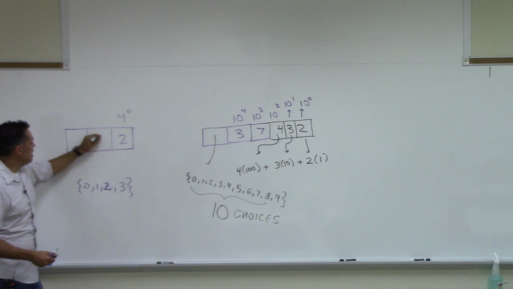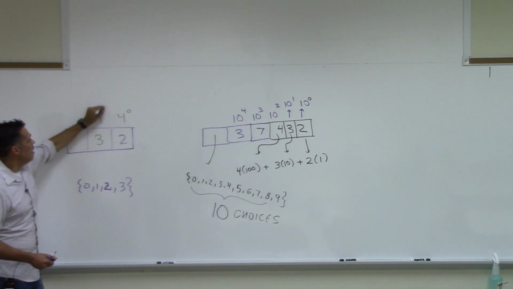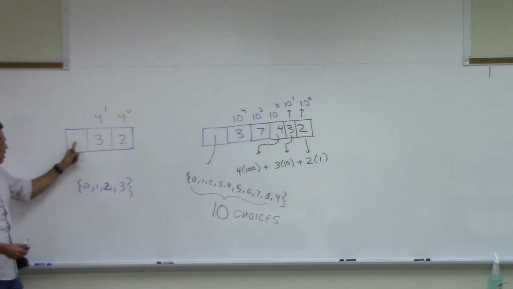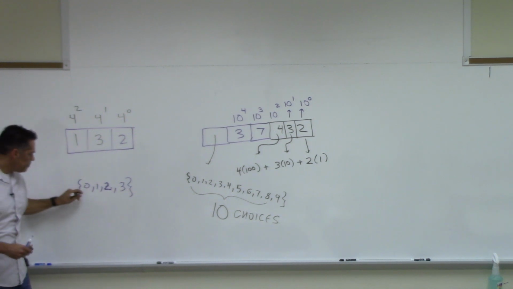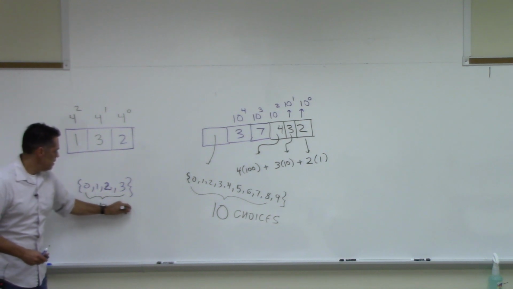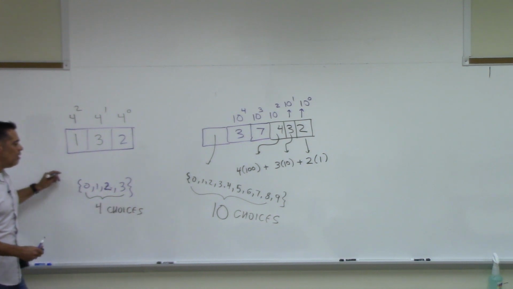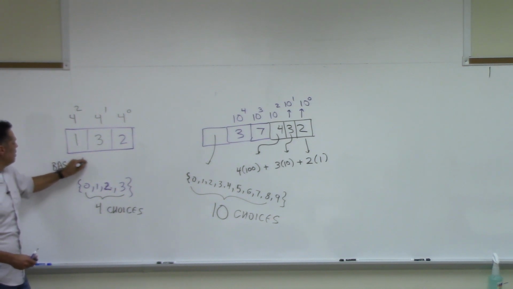So I could plug 3 in here, and this would tell me how many whats I have. 4 to the 1s. And then imagine I plug another one, like I plug in 1. This would tell me how many 4 to the 2s I have. All right? This right here, we have 4 choices. This would be called a base 4 number system.